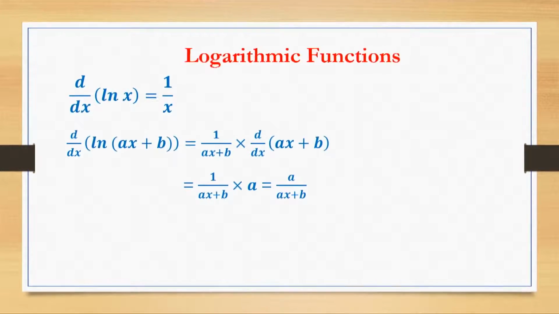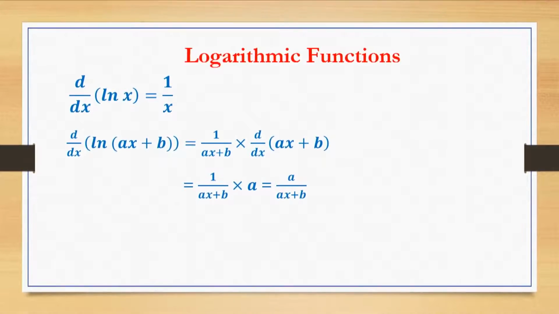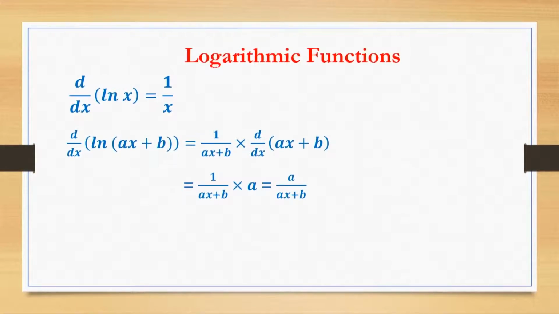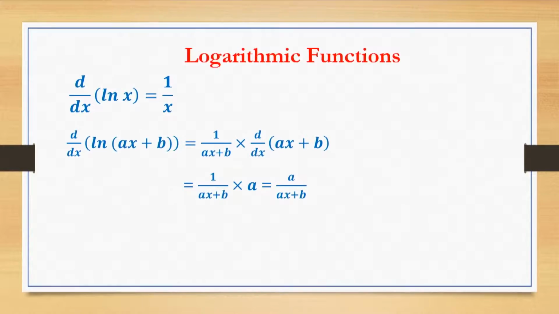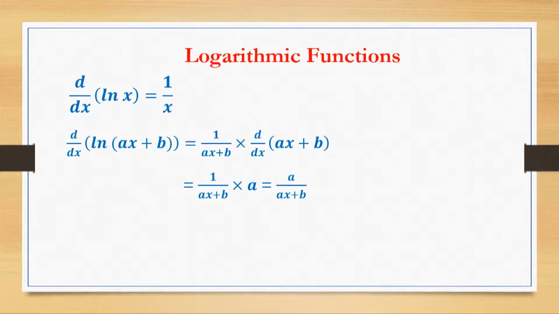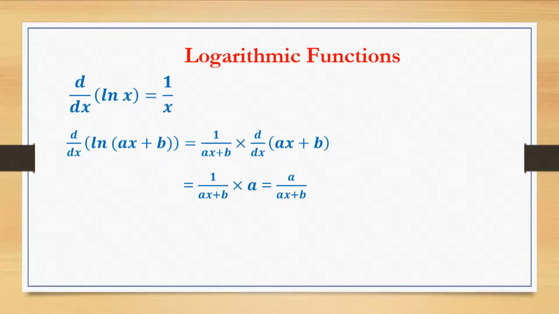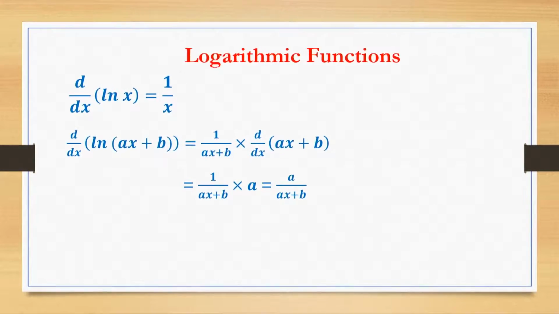If you have to differentiate ln(ax plus b), you will have 1 over the function, 1 over ax plus b, times the derivative of the bracket, that is, times the differentiation of ax plus b. And if I differentiate ax plus b, I will get a. So, differentiation of ln(ax plus b) will give me a over ax plus b.